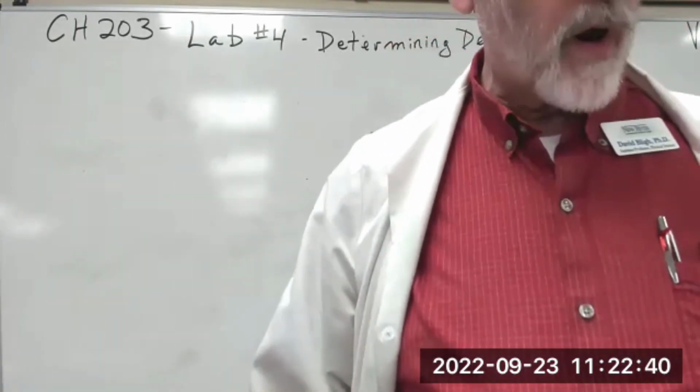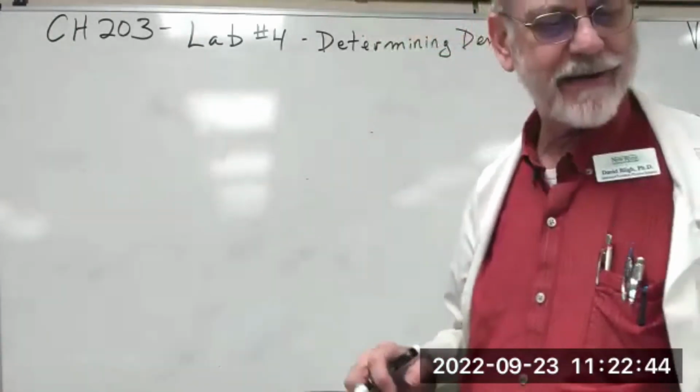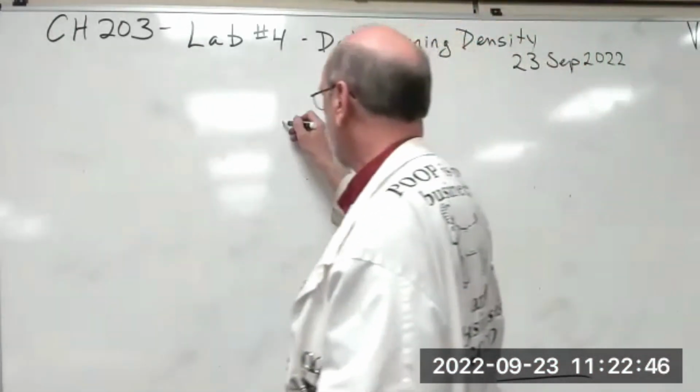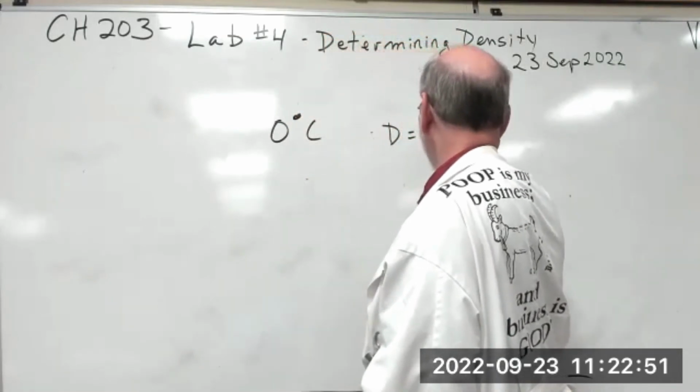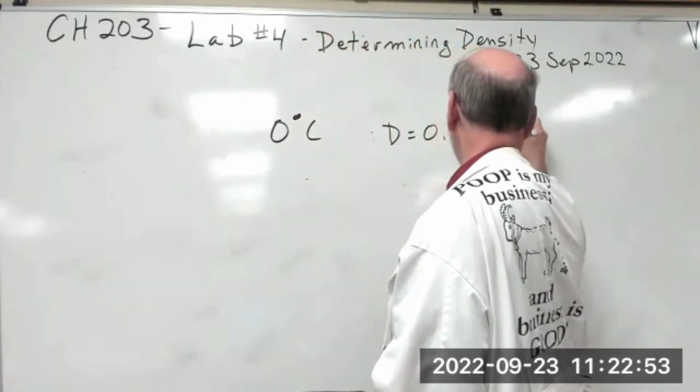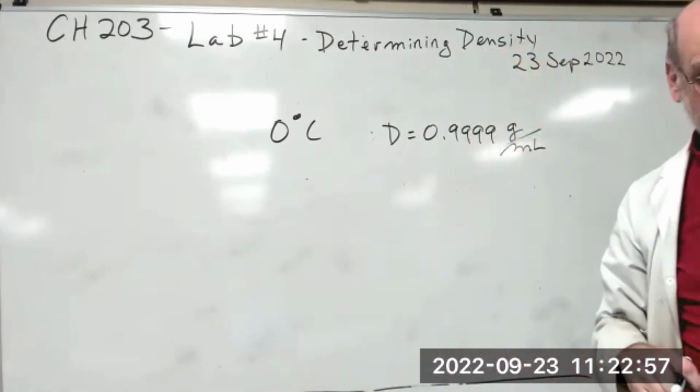The density of water at 0 degrees is 0.9999 grams per milliliter. So water at 0 degrees, density equals 0.9999 grams per milliliter. Okay.